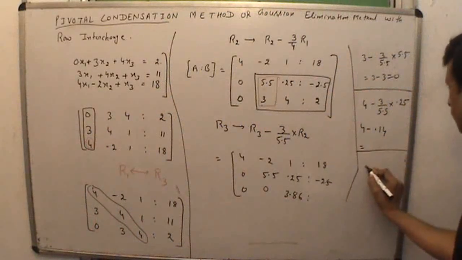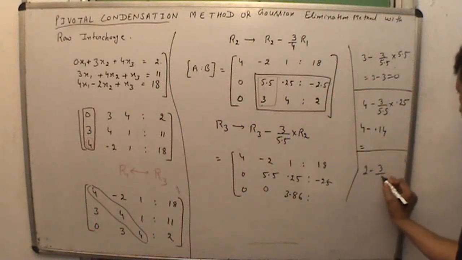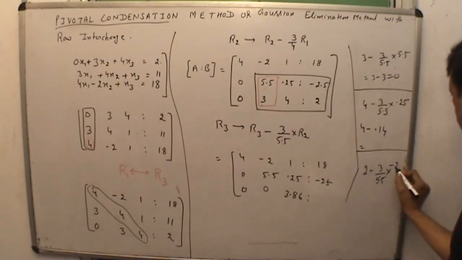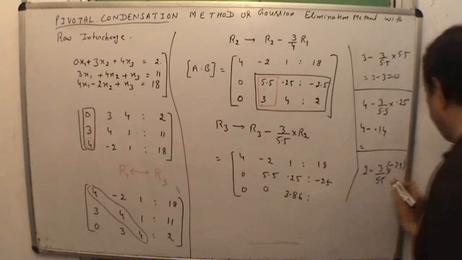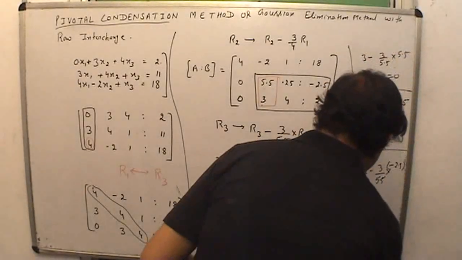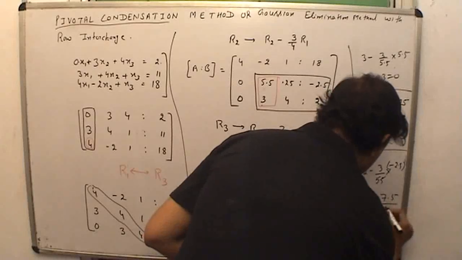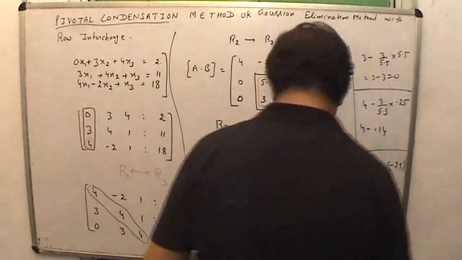It is 2 minus 3 upon 5.5 into minus 2.5. That is equal to 2 plus 7.5 divided by 5.5.